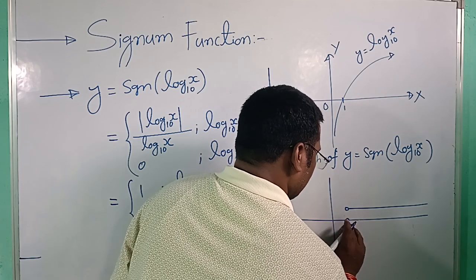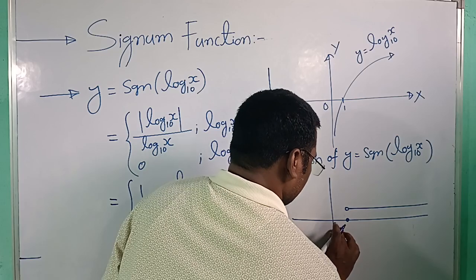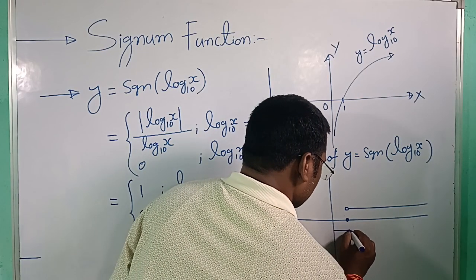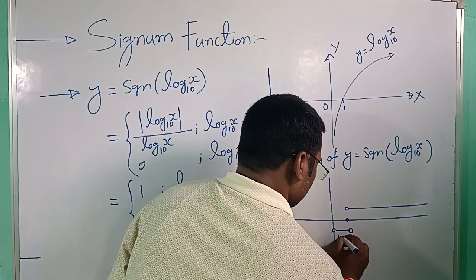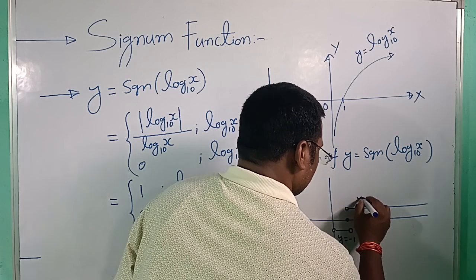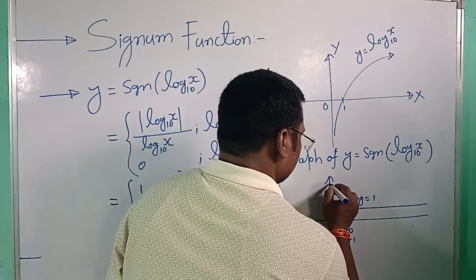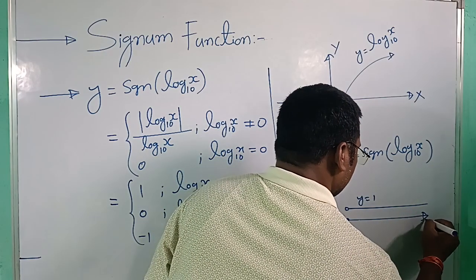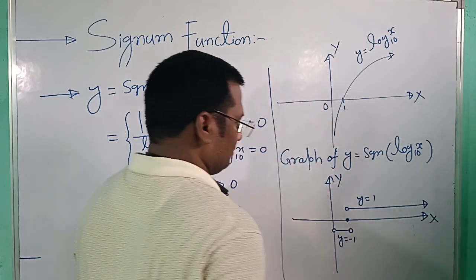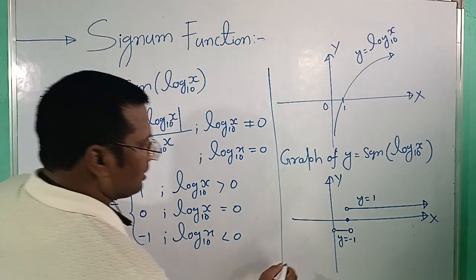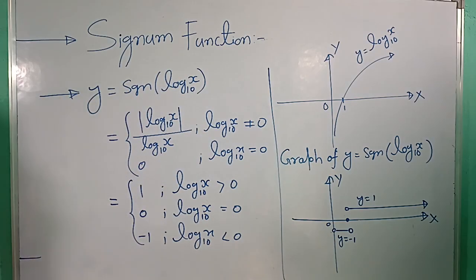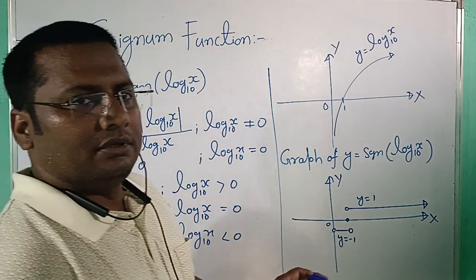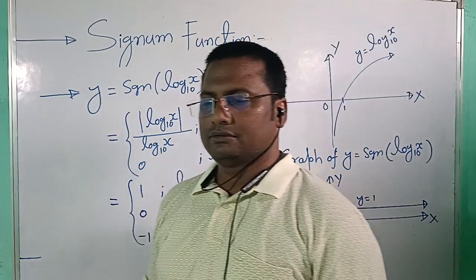This is 0 at x equal to 1, and this is y equal to minus 1, y equal to 1, this is y, this is x. This is the graph of signum log x. Okay? Any problem? Write down this.